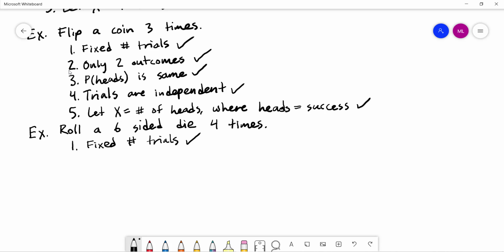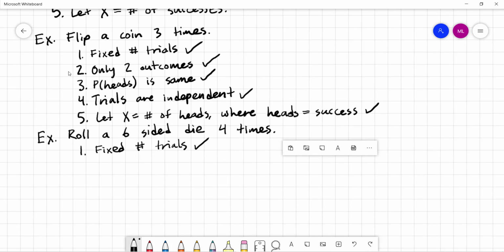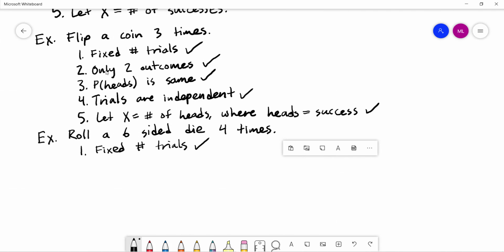But then at the second point, we run into something that seems a little bit weird. We're supposed to only have 2 possible outcomes, success and failure. But the way that we've got this set up, rolling a die, there's 6 possible outcomes when you roll a die, not 2. So does that mean that this is broken? Not necessarily. It all depends on how we choose to define our random variable x.